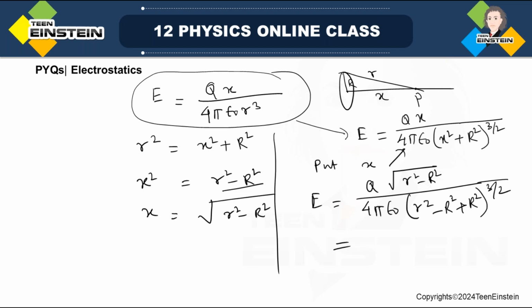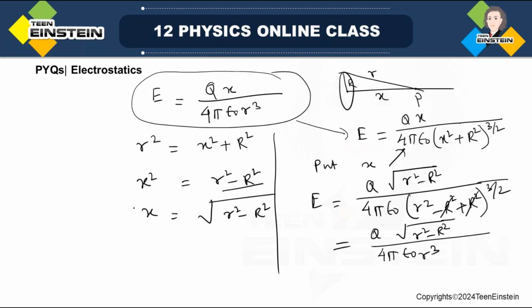Okay, look, then these cancel each other, so this will be q times square root of r square minus capital R square divided by 4 pi epsilon naught, and this will be r cube.